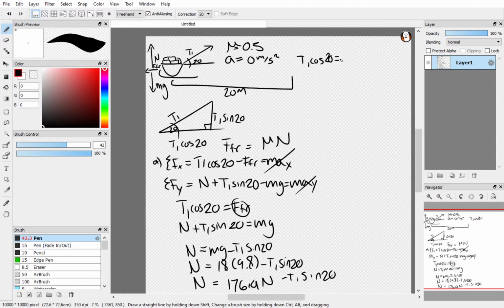So that would result in T1 cosine 20 being equivalent to mu times 176.4 minus T1 sine 20.